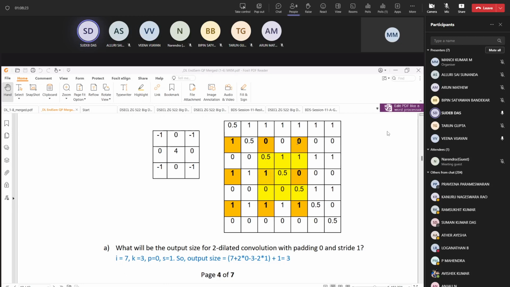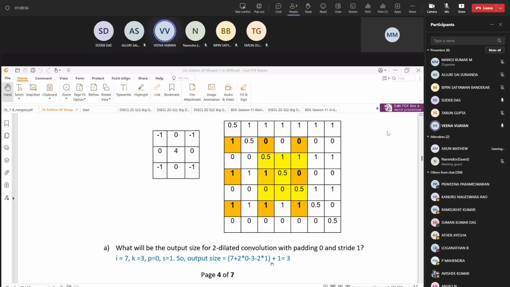1, 2, 3, 4, 5. And what is the output size coming? Input size plus 2 into padding, 2 into 0 is padding, minus 3 is kernel size, minus kernel size, divided by stride, right?